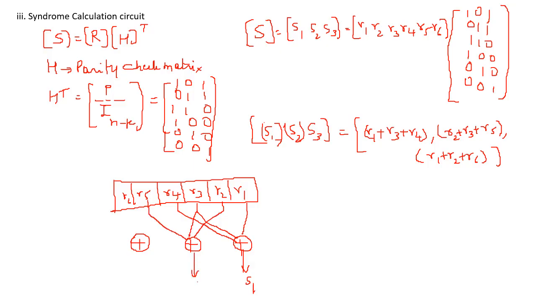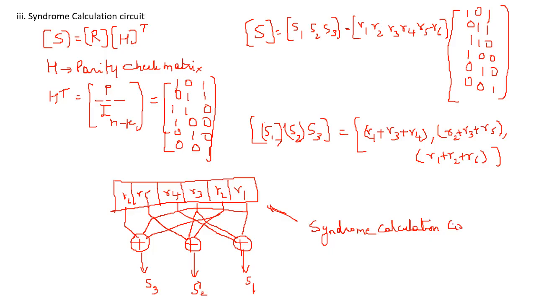So this will give the S2 error, the second bit error. Then the next one is R1 plus R2 and R6 to form the third bit syndrome error, that is S3. So this is your syndrome calculation circuit.